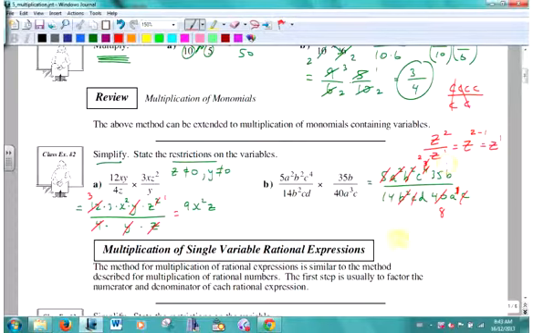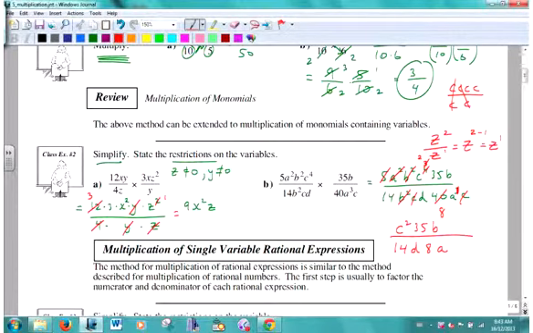Okay? It's getting pretty close to unreadable, isn't it? Okay? What do I have up here? I have a c squared. I have a 35. I have a b. I'm not saying I'm done. I just want to rewrite it before it gets unreadable. 14, d, 8, and an a.